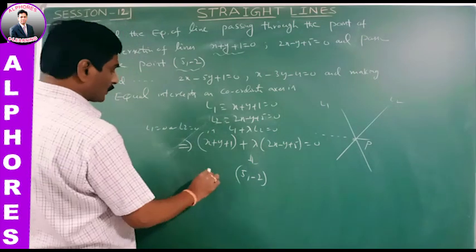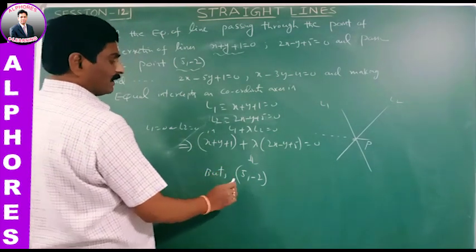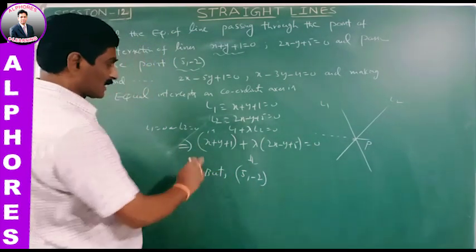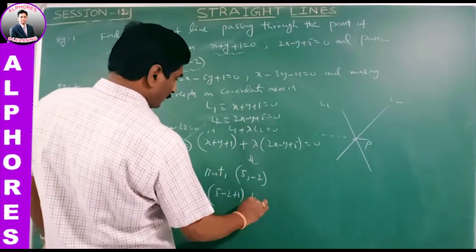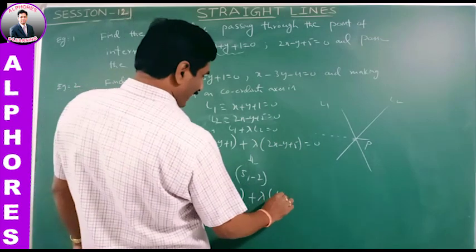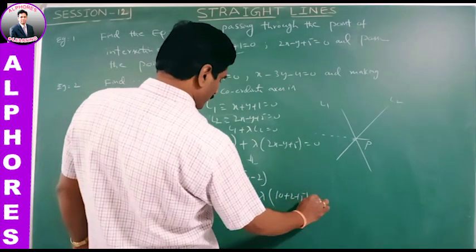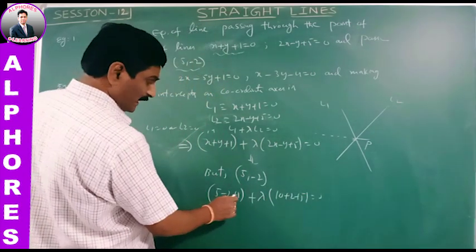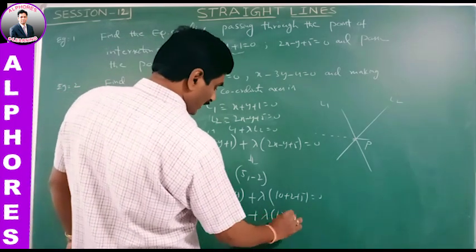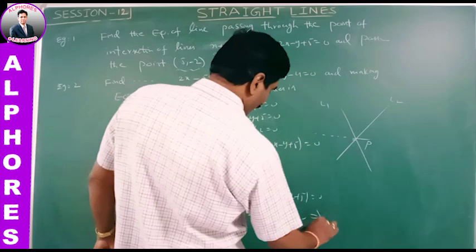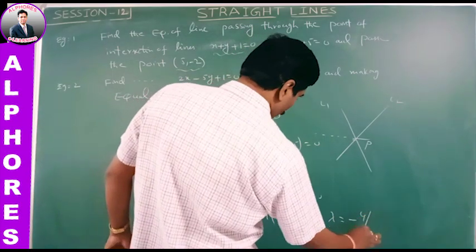But it passes through 5 comma minus 2. Substitute this point: 5 minus 2 plus 1 plus lambda into 10 plus 2 plus 5 is equal to 0. That means 5 minus 2 is 3, plus 1 is 4, plus lambda into 17 is equal to 0. What is the value of lambda? Lambda is equal to minus 4 by 17.